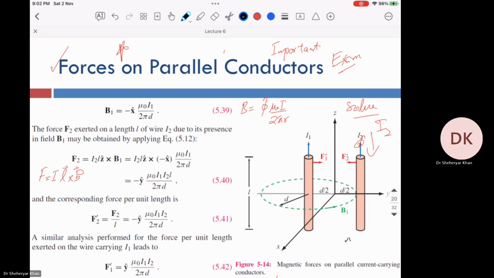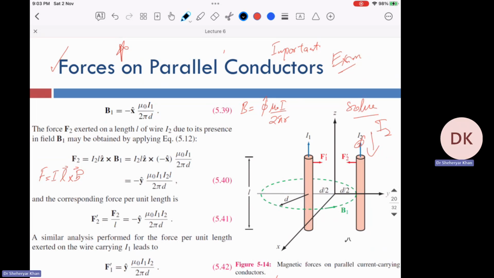Now, here we have two conductors. It's producing a magnetic field.